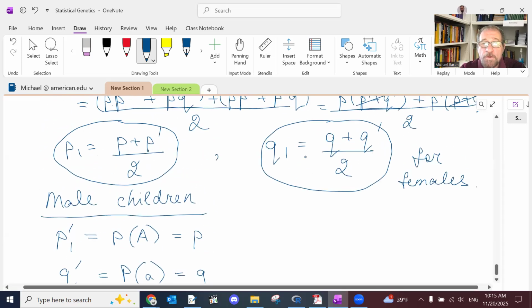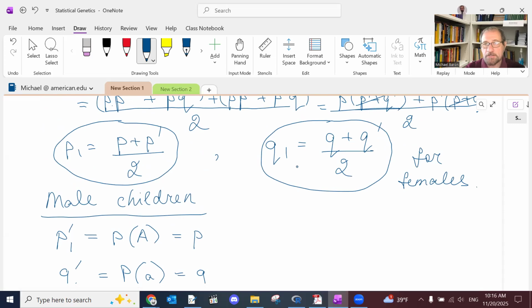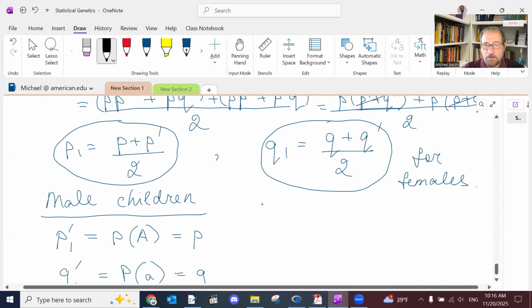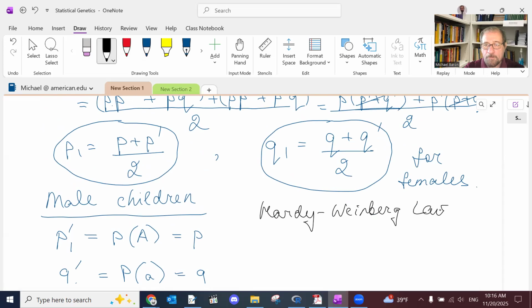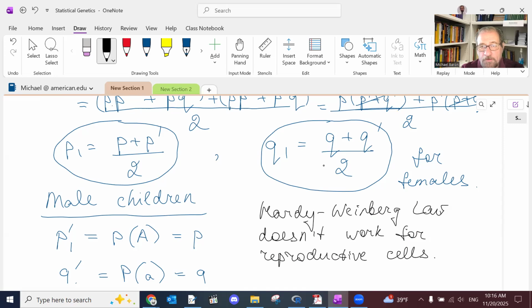Okay, so we have different formulas. That's not Hardy-Weinberg law. Hardy-Weinberg law does not work for sex-linked characters. Or for reproductive cells. Okay, for the gametes.